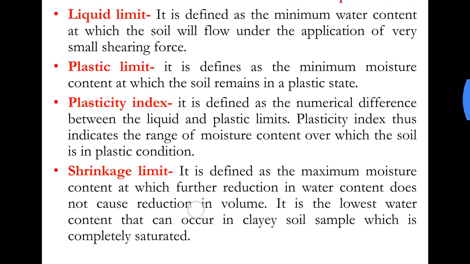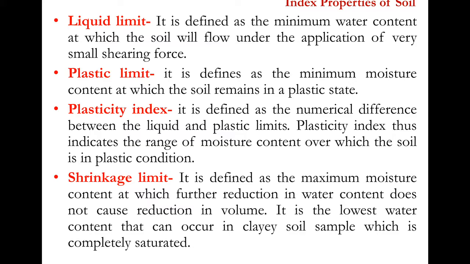So what is shrinkage limit? It is the maximum water content present in a soil sample, under which if any water is taken out from that sample, there would be no reduction in volume, or no shrinking.